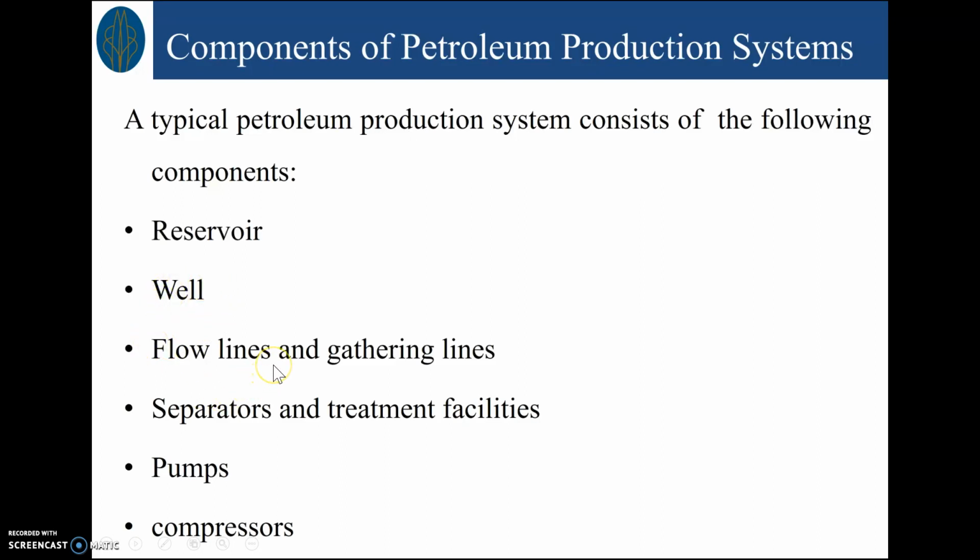From the wells, as we have seen in the production flow diagrams, there are flow lines connecting the wells into a gathering manifold, and after the gathering manifold, all the collected fluids will go to treatment facilities.